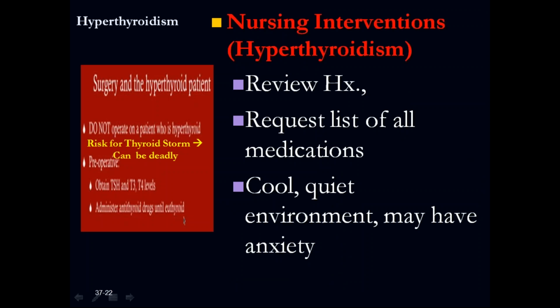So we have nursing interventions for hyperthyroidism. We are already in hyperthyroidism. Review history as in the previous one. Request a list of medications. The patient needs a cool, quiet environment.